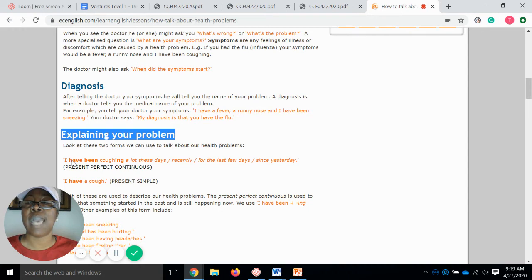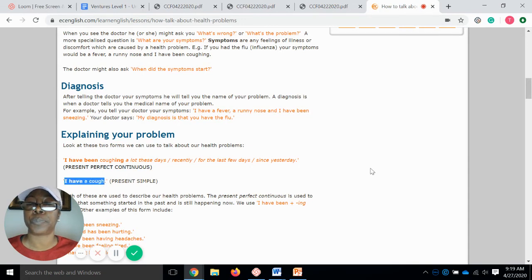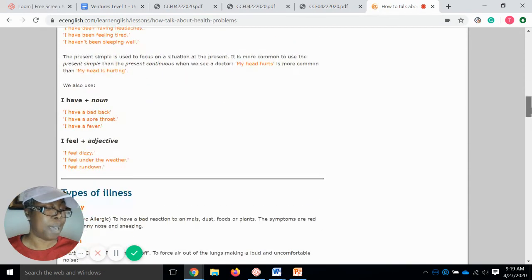So this is how you explain your problem. You can do it 2 ways, but we're going to do it the simple way because that's what we're studying right now. I have, okay? Present simple of have. I have a cough.